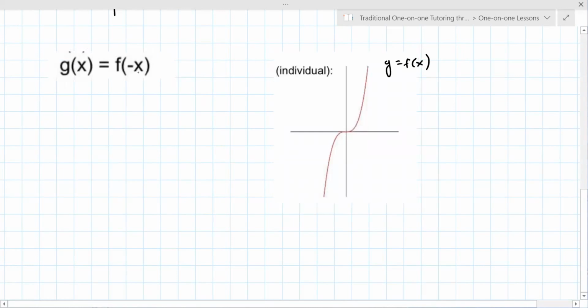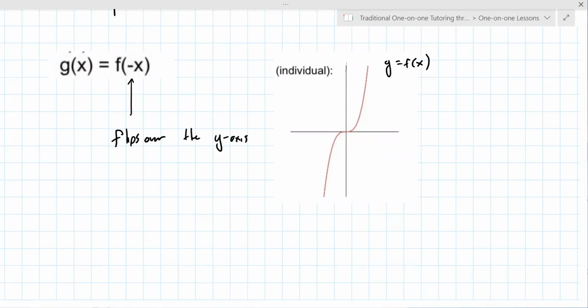And it's like, well, what does this negative inside parentheses do? And you're supposed to know that it flips over the y-axis, not the x-axis, because it's inside. And if that is not clear, it comes from this thing that your instructor provided at the top here, which is actually fairly good.